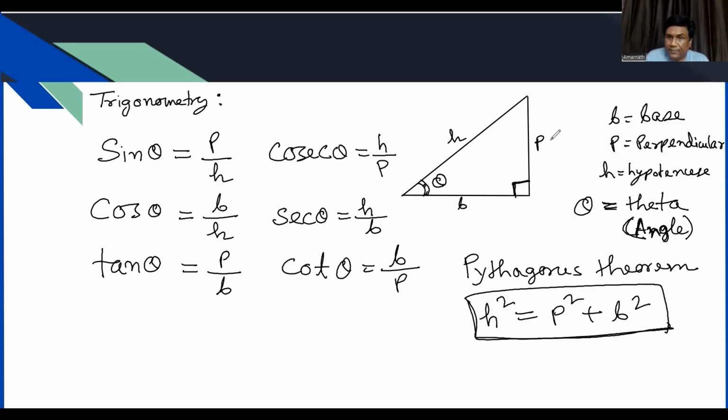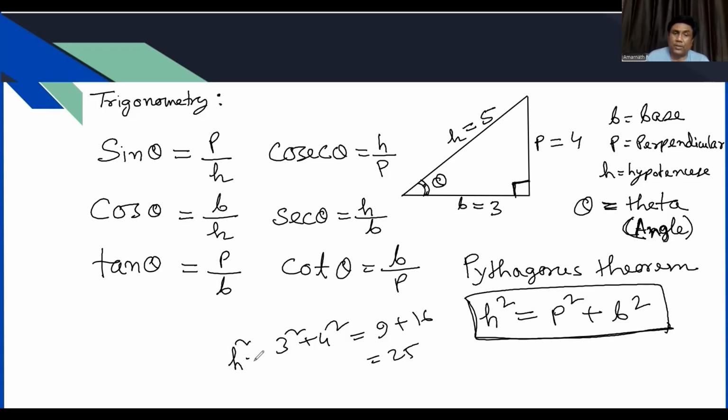It means if this side is 4, if this side is 3, then this side must be 5. Then only you see, 3 square plus 4 square is equal to what? It will be 9 plus 16, that is 25. So h square is 25, so h equals 5 only. It always follows like this. This is called the Pythagoras theorem.